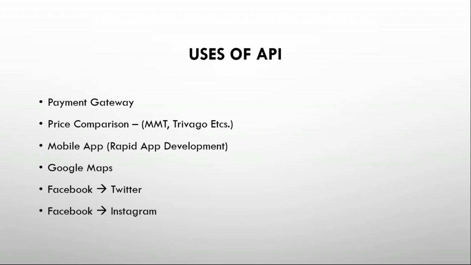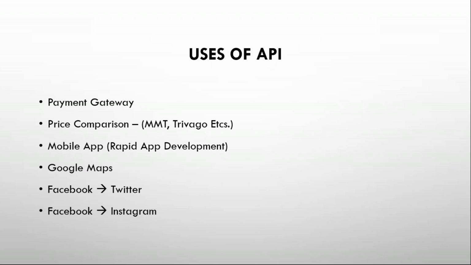Whatever mobile application you are using, Facebook, Instagram, or any application, every mobile application is using an API. One of the biggest examples is also Google Maps and Facebook. You can comment on Facebook and also publish the same at the same time on Twitter.